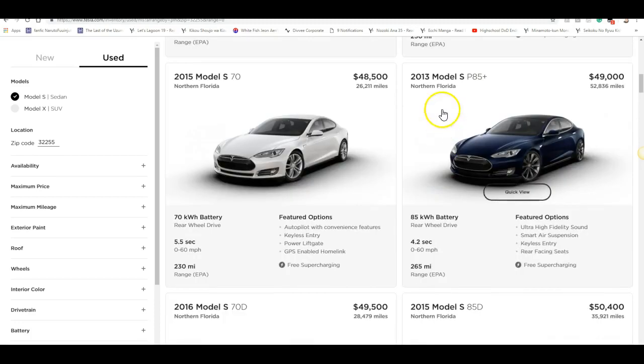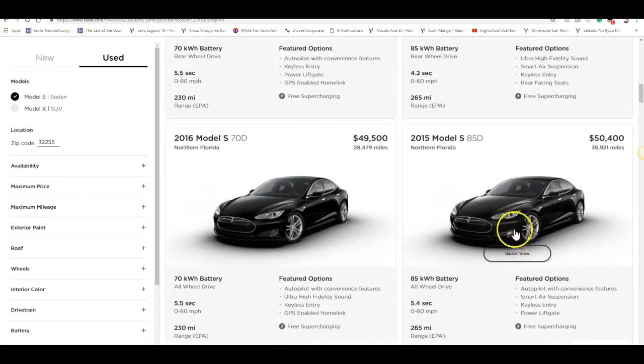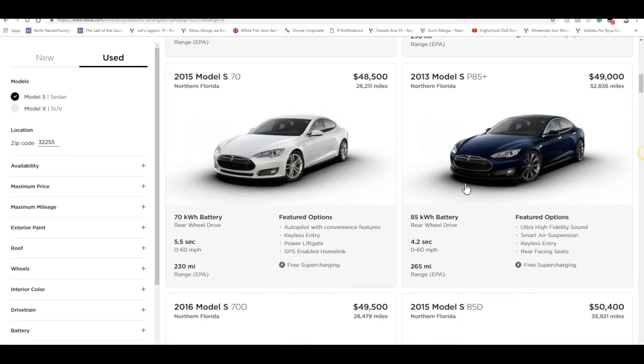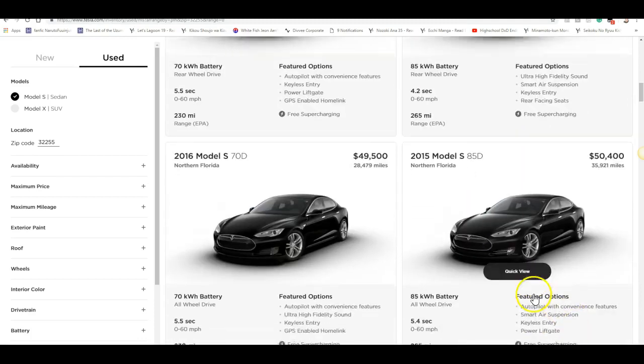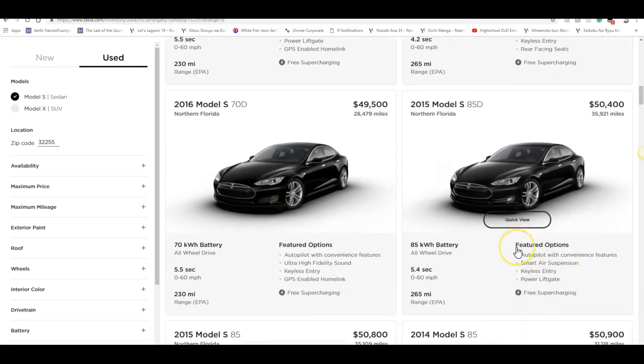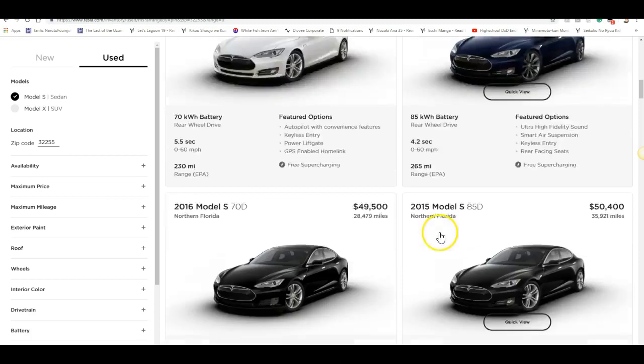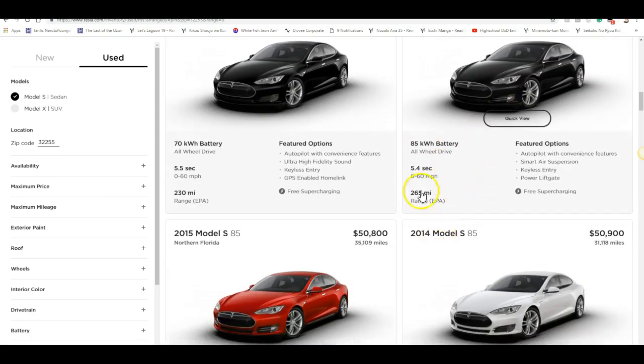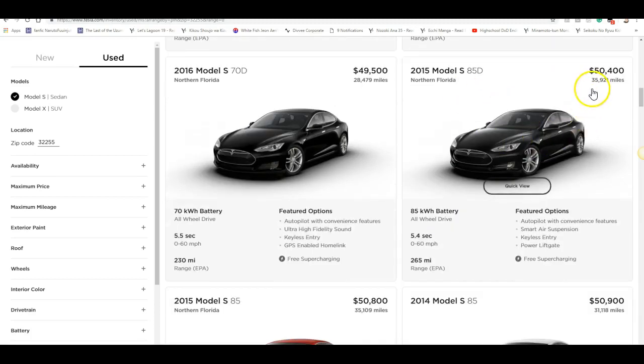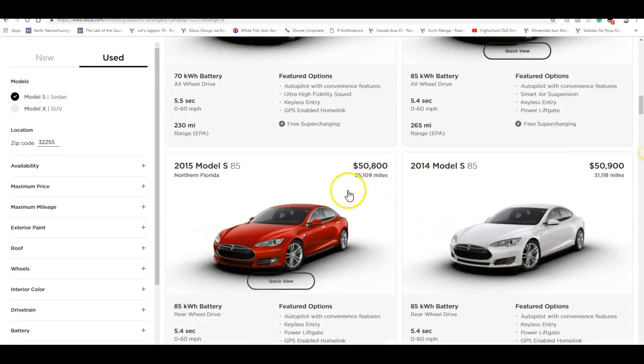This is 2015, that's 2013, so this is a newer car and probably has newer stuff on it. So even though the other is 4.2 seconds, maybe you want a newer car. It's still in the 50,000 range.